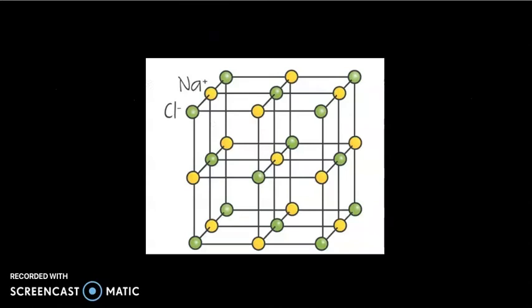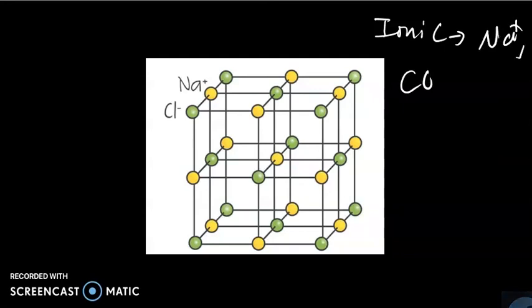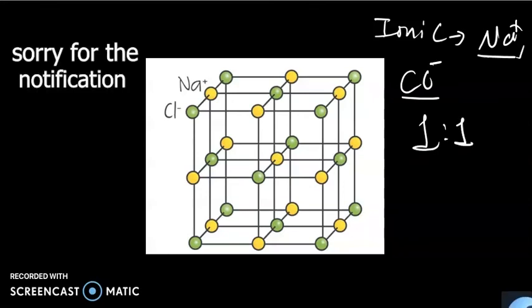So this example right here is a typical ionic lattice structure. Ionic because it's made from sodium and chlorine, or simply metals and non-metals. This sodium and chlorine are reacting in a 1:1 ratio. So that's the formula unit.